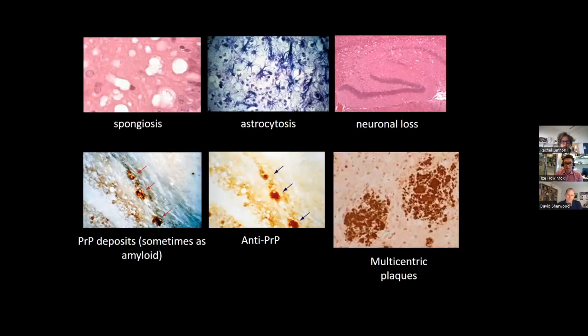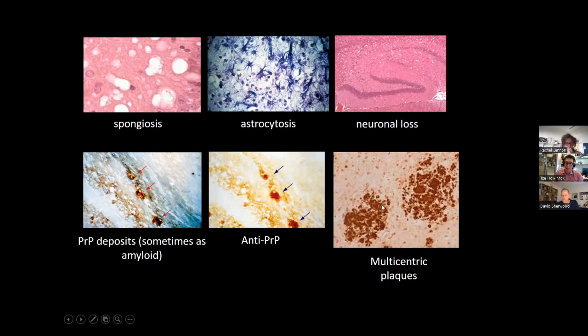In neuropathology, when we look at a brain of a patient with prion disease, we see spongiosis, which are holes in the brain, which you can see up here. There's also reactive astrocytosis, neuronal loss, and if you stain them with anti-PrP antibodies, you might see plaques, or what we call a synaptic pattern, and occasionally they deposit as amyloid in this picture.